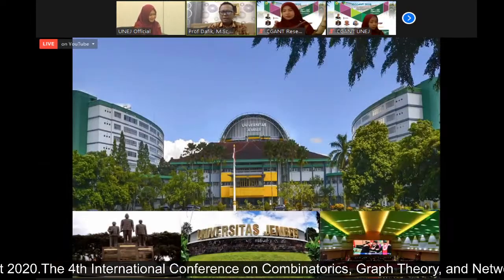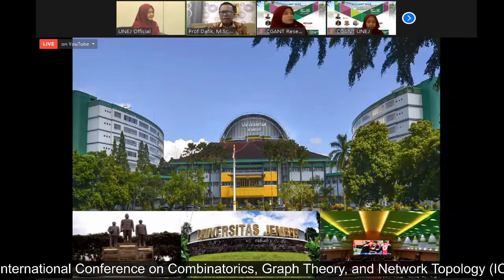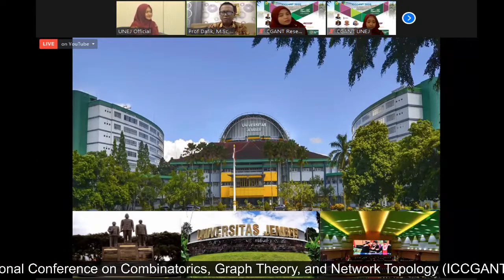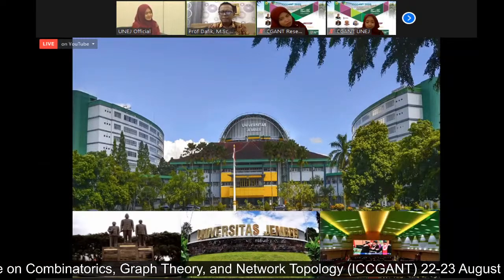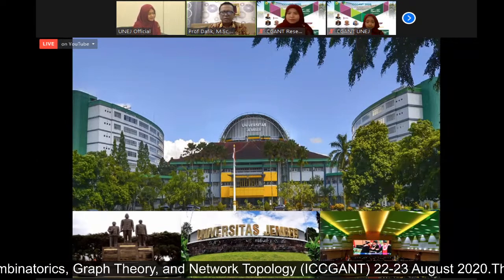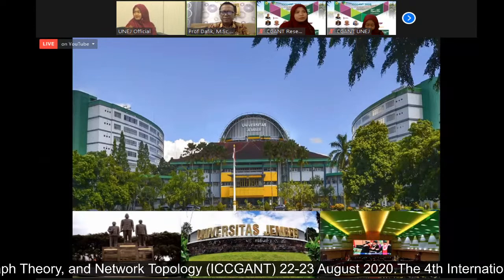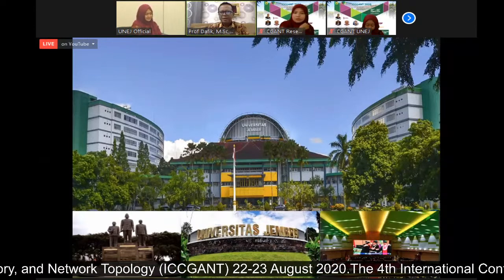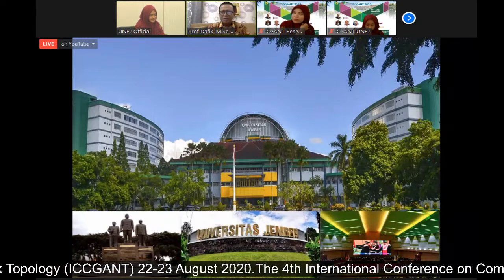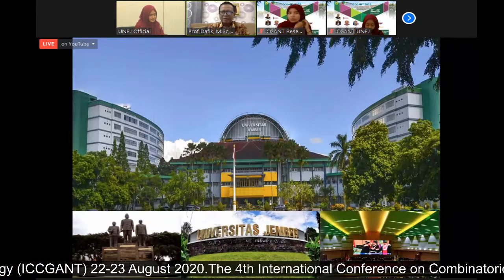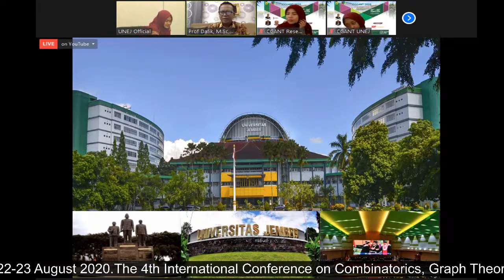Before I present my slides, I again say sorry to all of you. Last year, we had a conference, an international conference in face-to-face format in this building. And today we have a new building on the left side. Last time, on the right side, you had a parallel session.